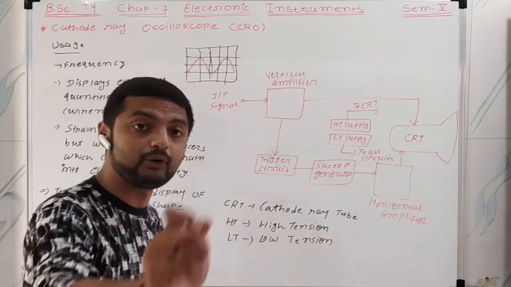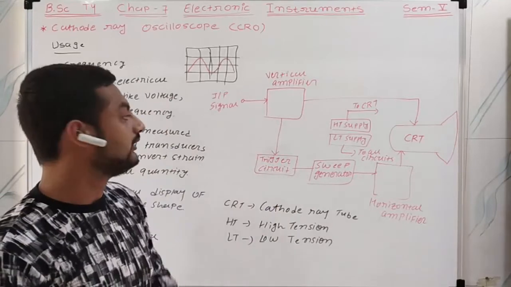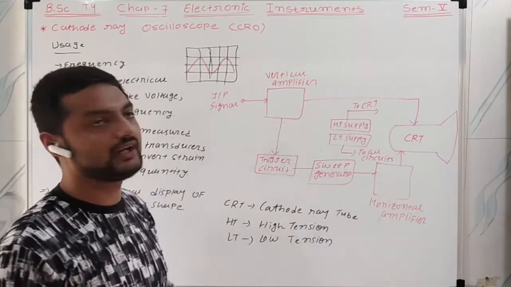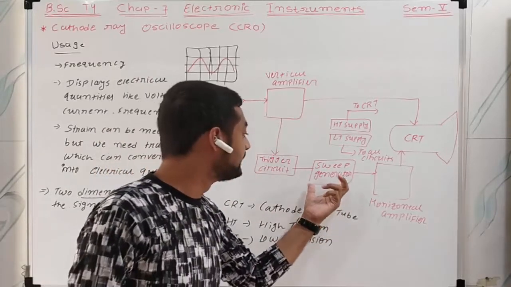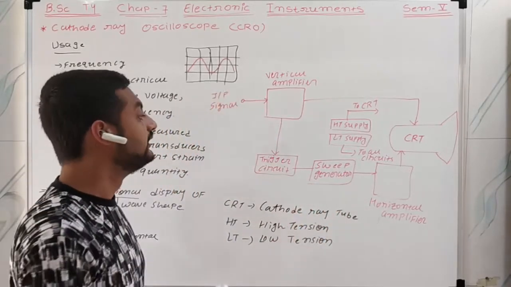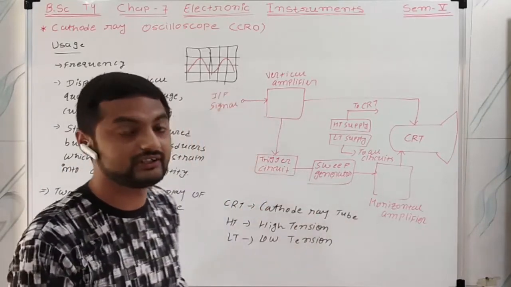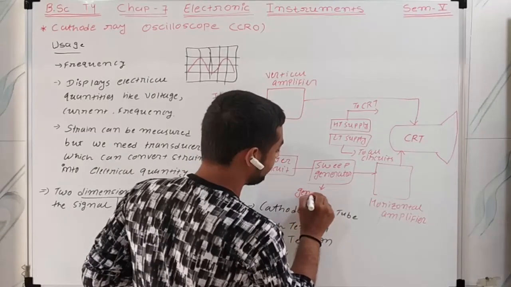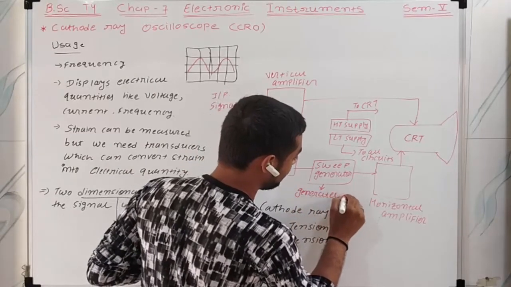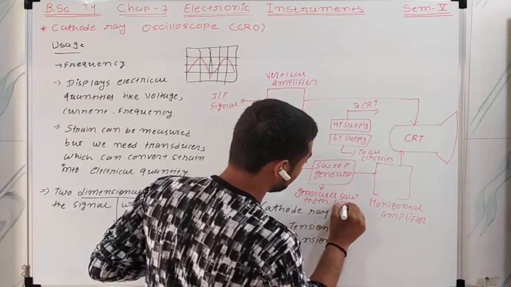And some portion of it is given to the trigger circuit. A small part of it is given to this trigger circuit. This trigger circuit triggers the sweep generator, and this generator generates sawtooth waveforms.